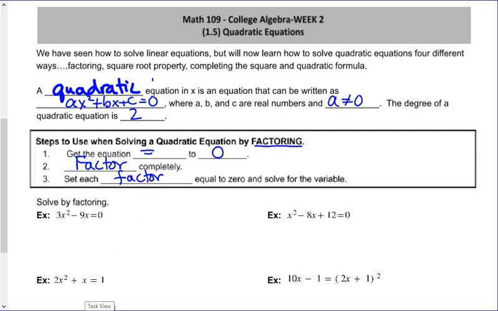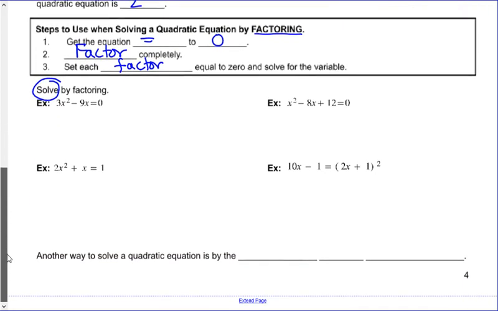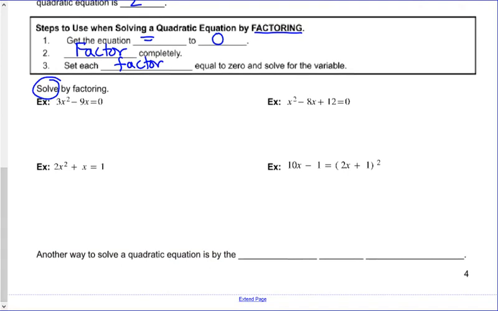So now, instead of just factoring it, it says to solve by factoring. So that means now we actually need to find the x value that makes that true. So if I look at this first one, when factoring, don't forget that the first rule of factoring is to take out any common terms. So there are 2 terms here. Each of them has a 3, and each of them has an x.